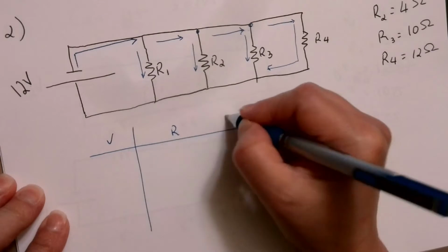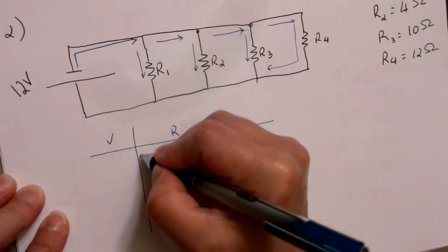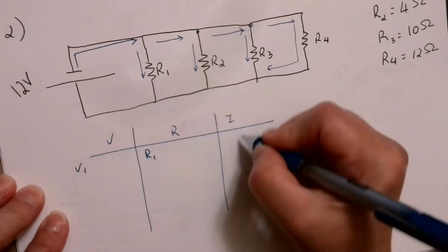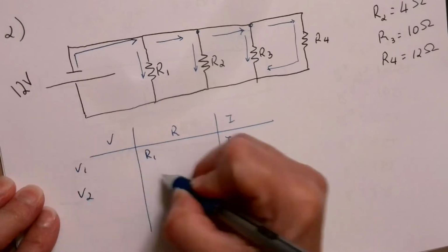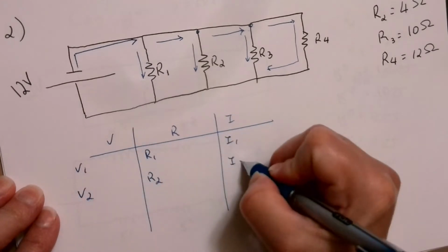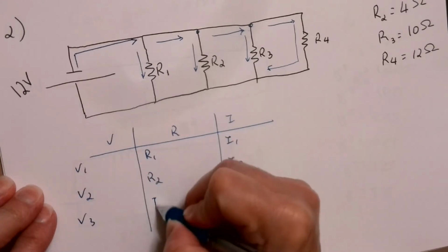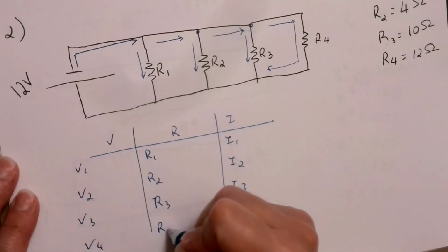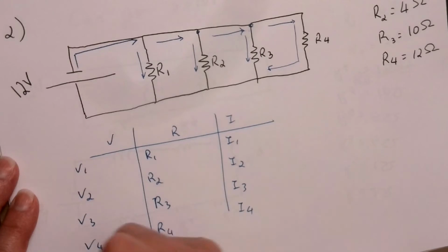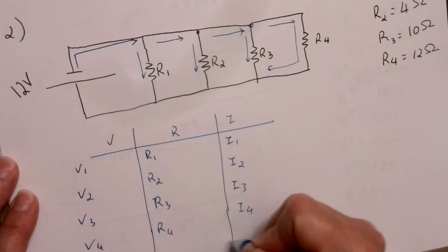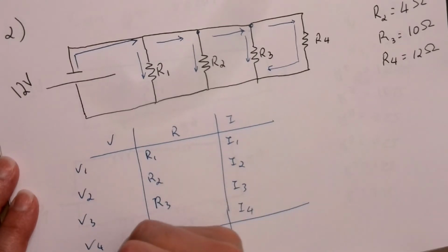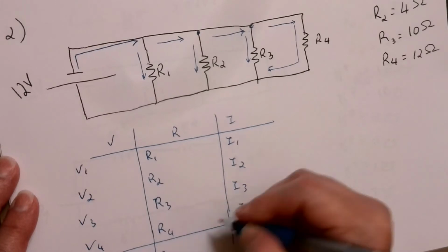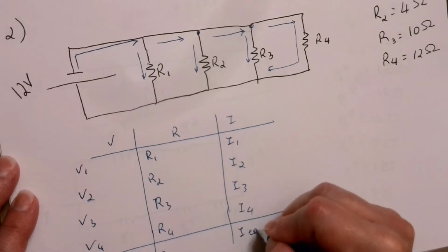V, R, I: V1, R1, I1, V2, R2, I2, V3, R3, I3, V4, R4, I4, and then we have the equivalents: V equivalent, R equivalent, and I equivalent.